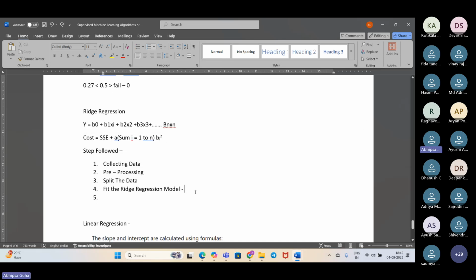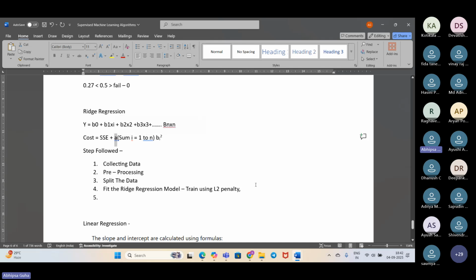So here we are training the model using the L2 penalty, and next we are choosing the alpha value. This A value we are choosing.